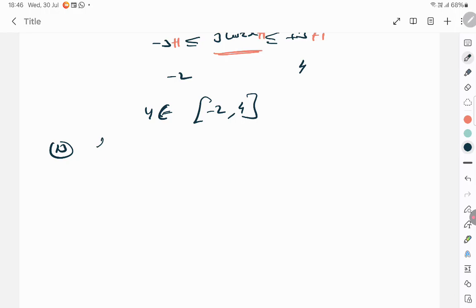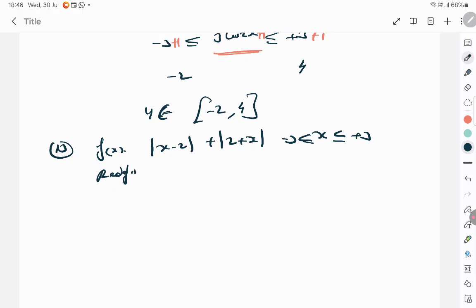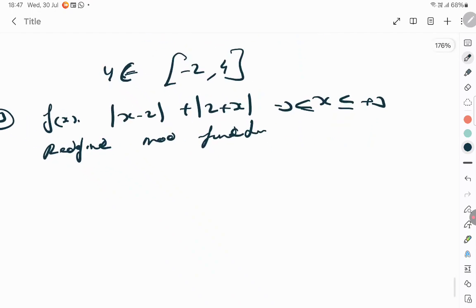So let's take this question, which is f of x is equal to mod of x minus 2 plus mod of 2 plus x, where x is lying between minus 3 and plus 3. So we have to redefine this function. The question is to redefine the mod function. They've already given the interval minus 3 to plus 3.